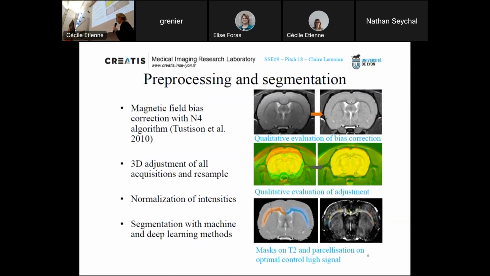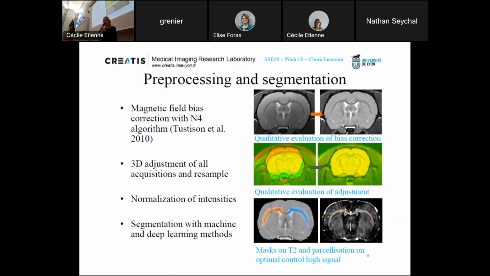So to observe remyelination, I developed a method of segmentation after pre-processing methods. First, MRI induces a bias because of the antenna of the MRI machine, and I corrected this.